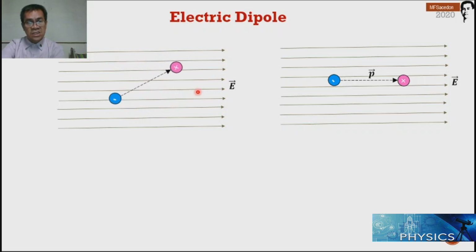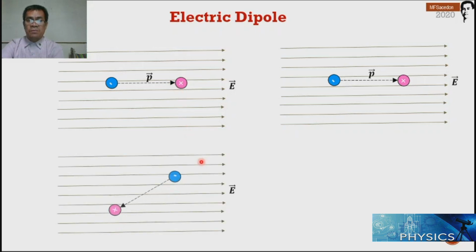This dipole will rotate until the dipole moment rests in the direction of the electric field. In this case, this is a stable, stationary state of the dipole.